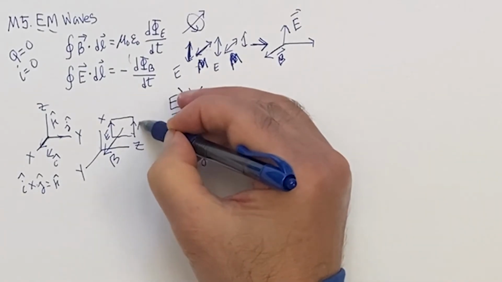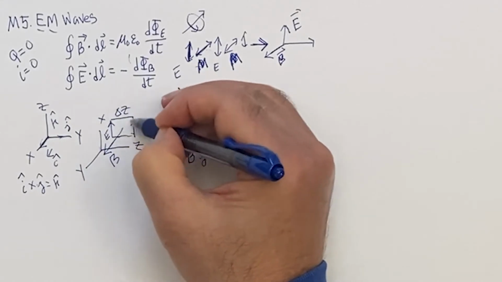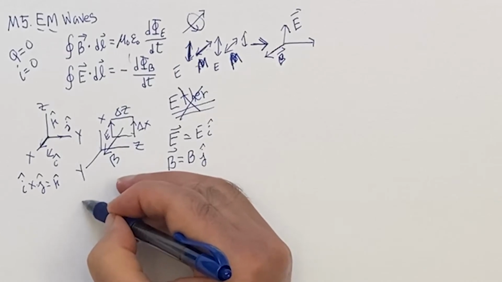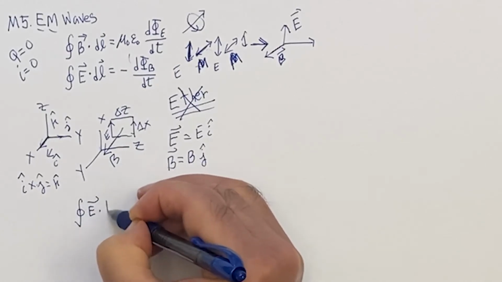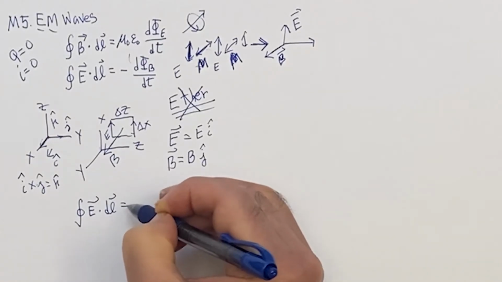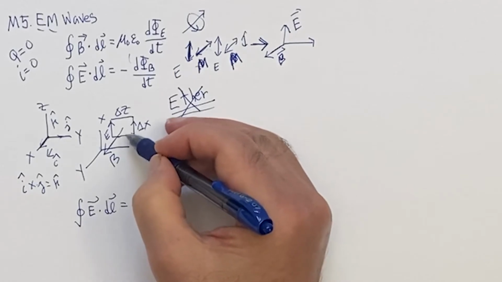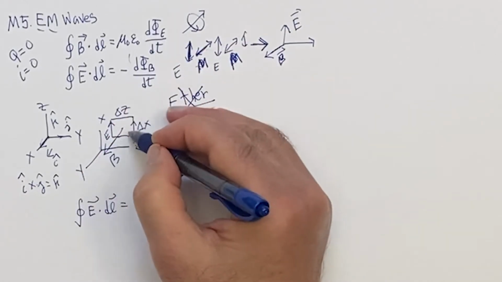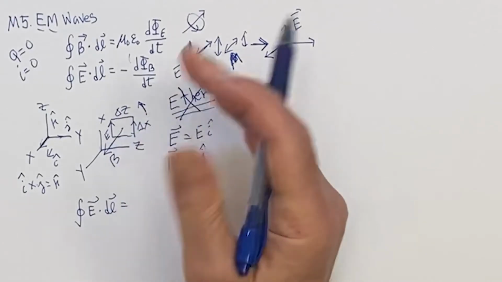So this would be delta x, going that way, and delta z for the little patch of area. So then if I look at the equation, E with the dl, and set that up, and I'm going to use the rule that the magnetic field is this way. I stick my thumb that way, and I'm going to then do the loop that corresponds to where my fingers are curved.